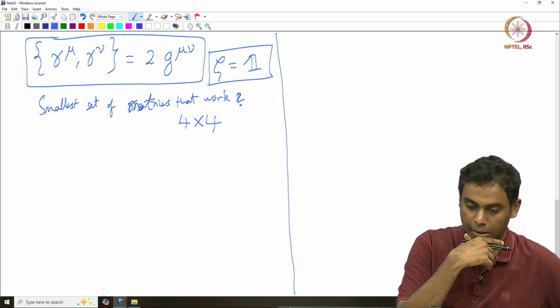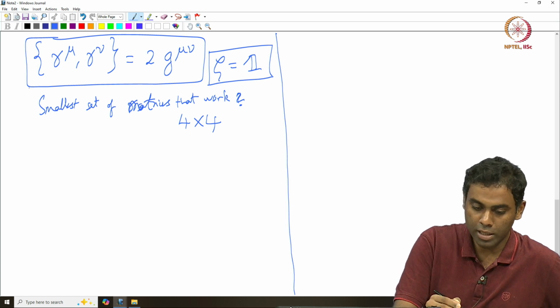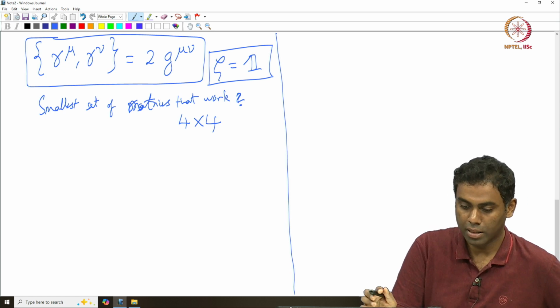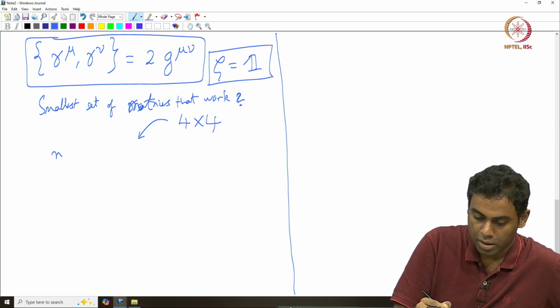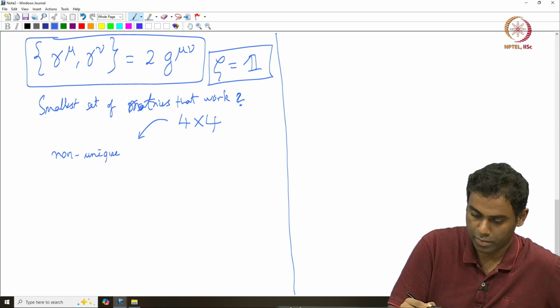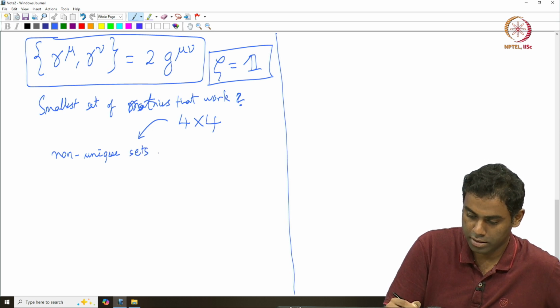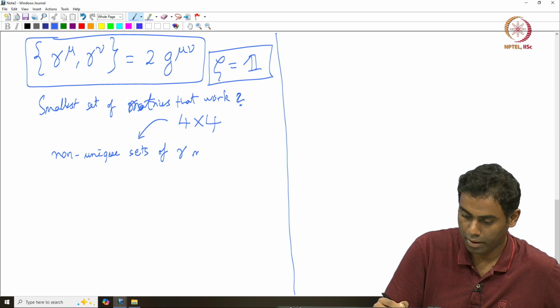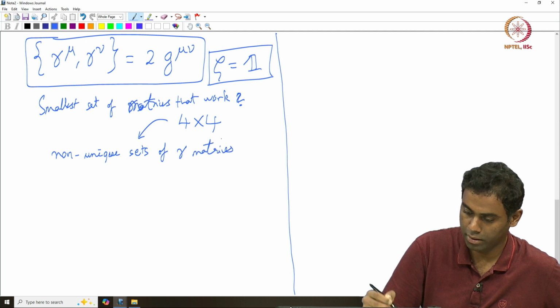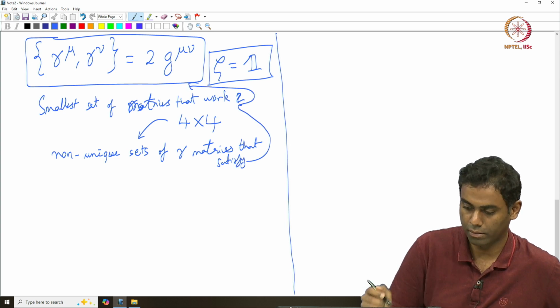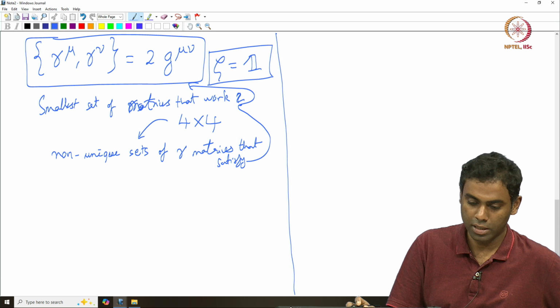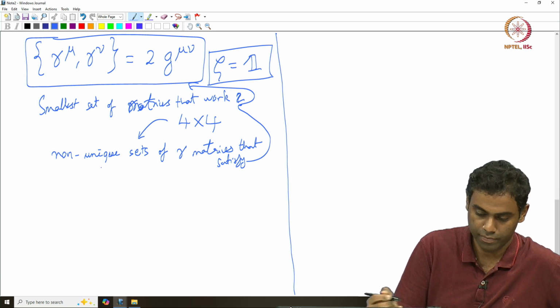And this is the only condition that they need to satisfy, and that means you have non-unique sets of the gamma matrices that satisfy these conditions. In other words, there are many bases.